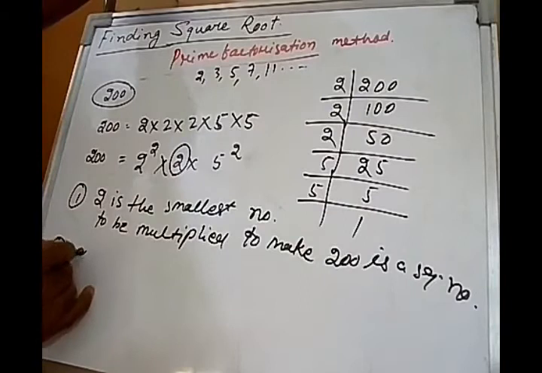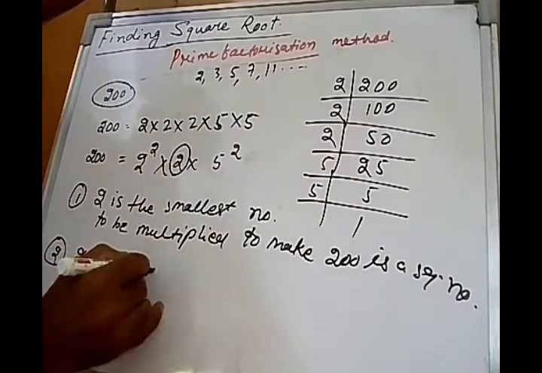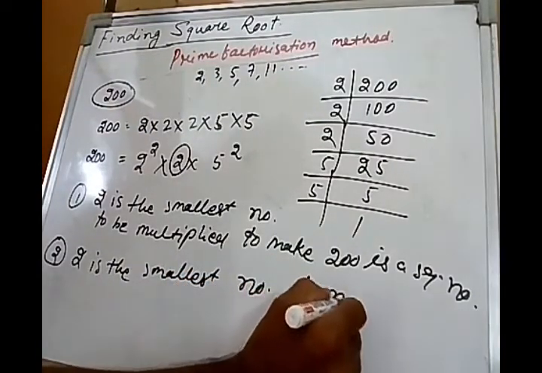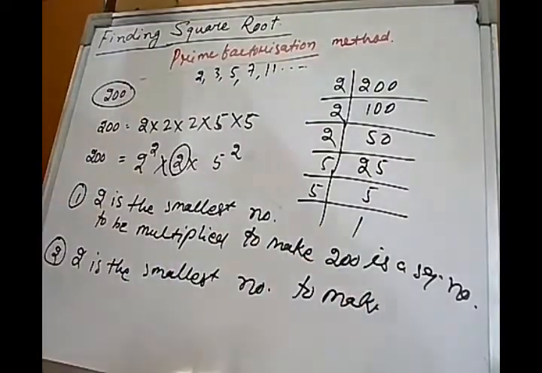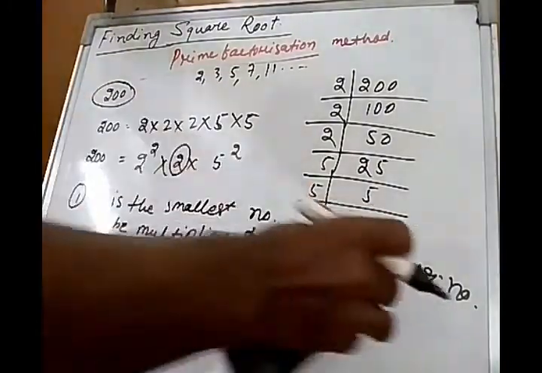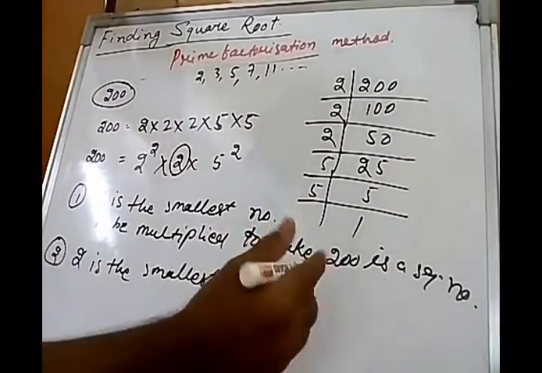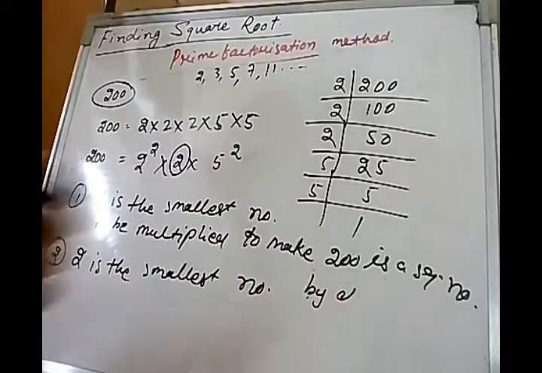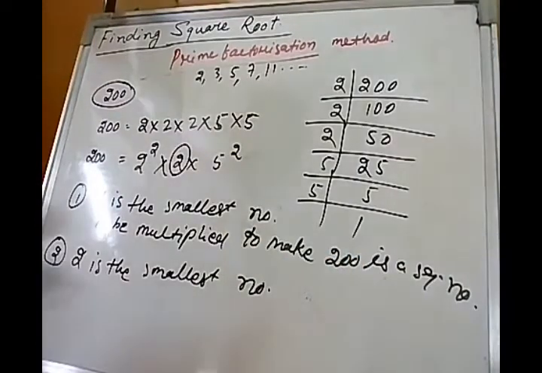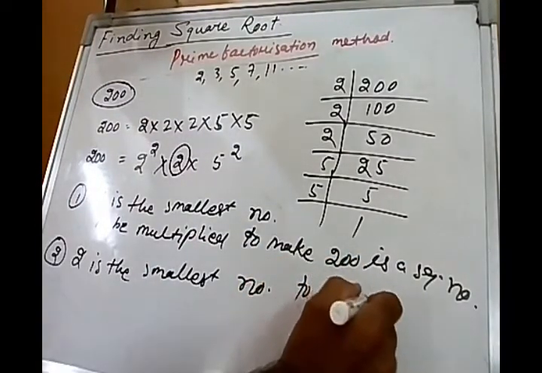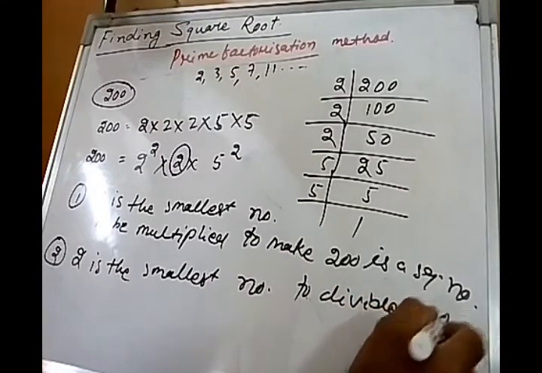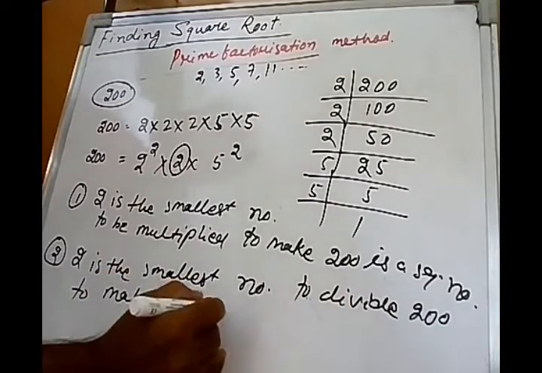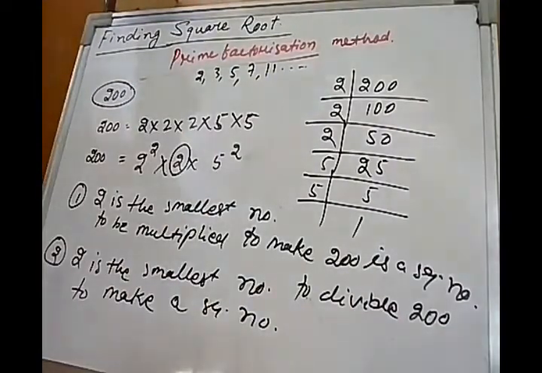Second one is there, 2 is the smallest number to divide 200 to make a square number. This is the way.